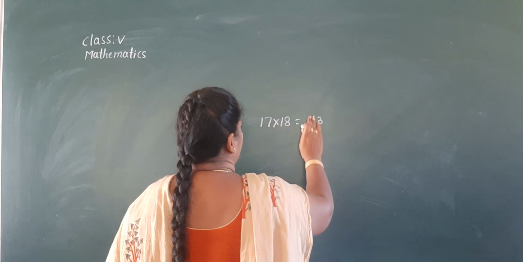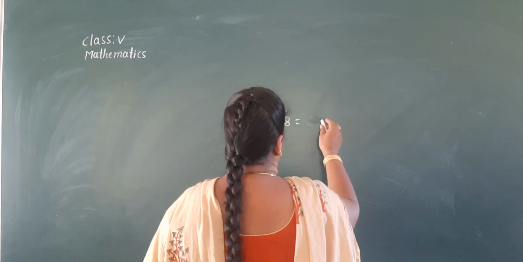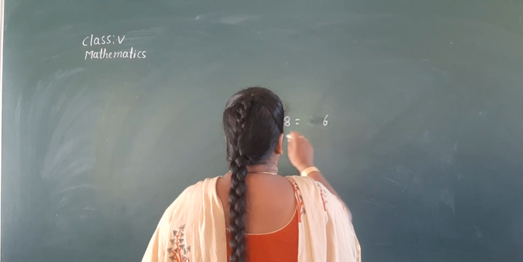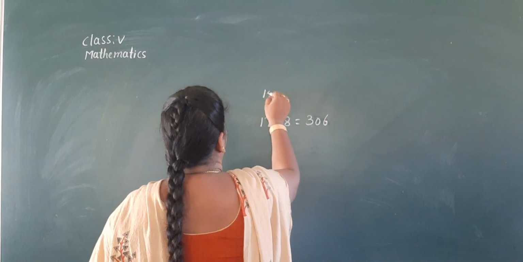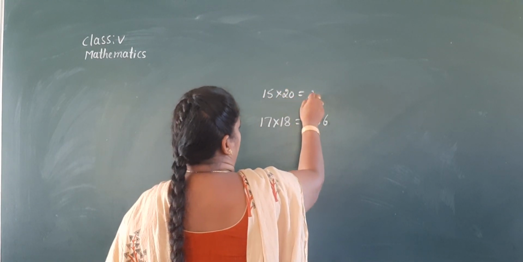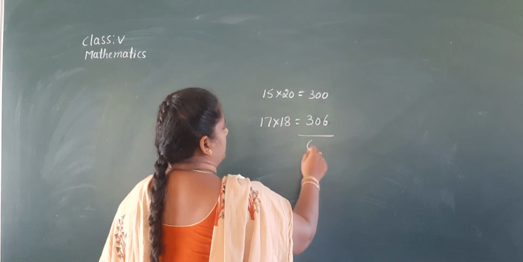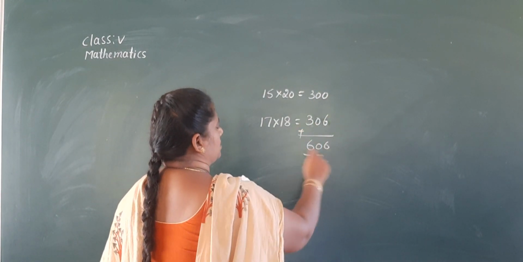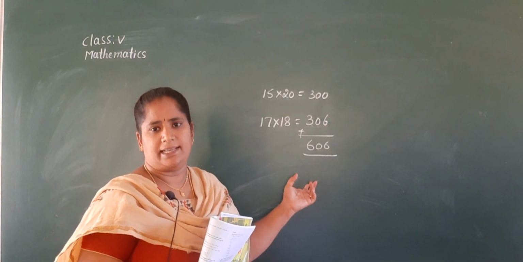Then we get 18 sevens are 126, 18 ones are 18, plus 126 is 306. Here 15 classrooms have 20 chairs each, so we multiply 15 into 20. Now the total number of chairs means we do addition. Don't write this children, this is only the explanation part. Yesterday we already completed these word problems.